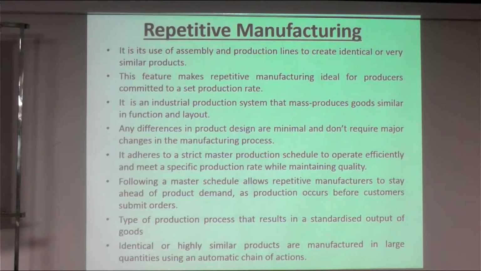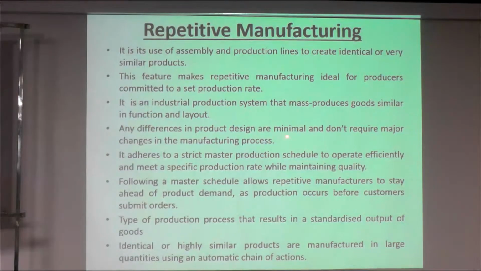Then repetitive manufacturing. It's the use of assembly and production lines to create identical or very similar products. This feature makes repetitive manufacturing ideal for producers committed to a set production rate. It is an industrial production system that mass produces goods similar in function and layout.